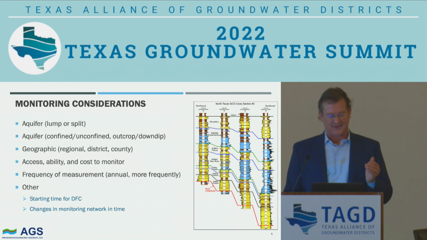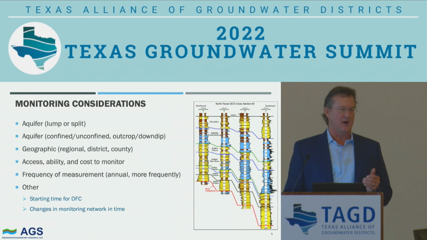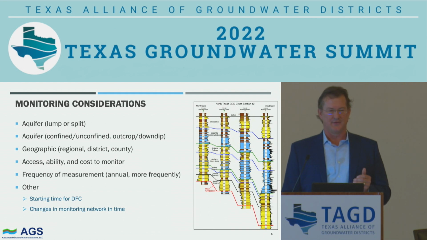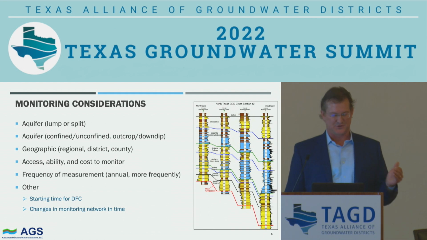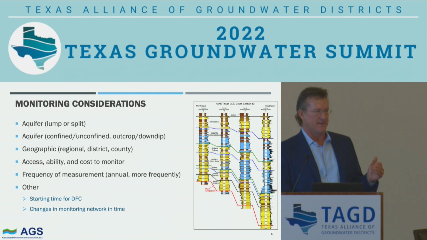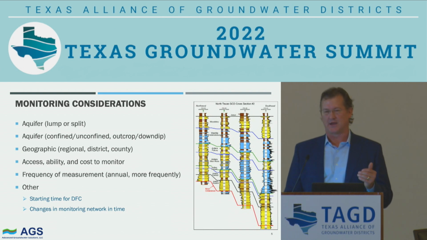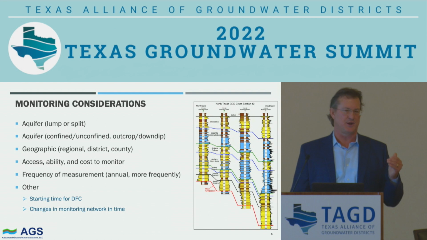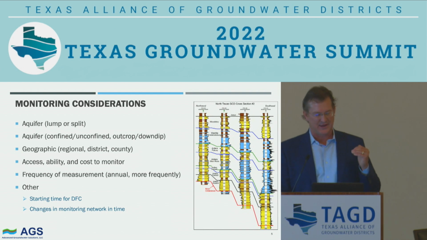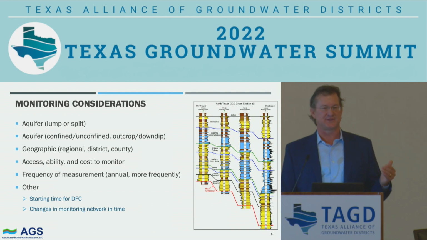The access and ability and the cost of monitoring. Now, some of these restrictions or considerations don't really have the same impact across the state. You may be in a part of the state and you may have a district that you can get access to a lot of wells and it's not a problem.